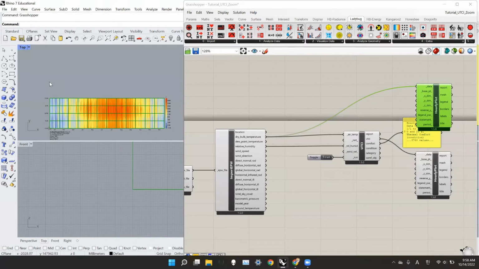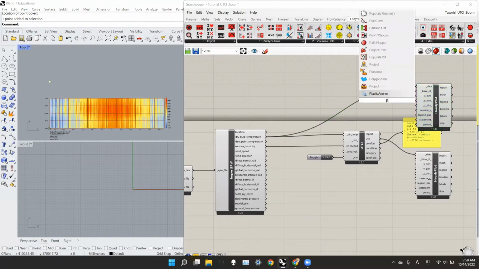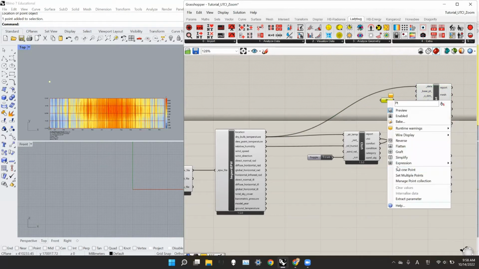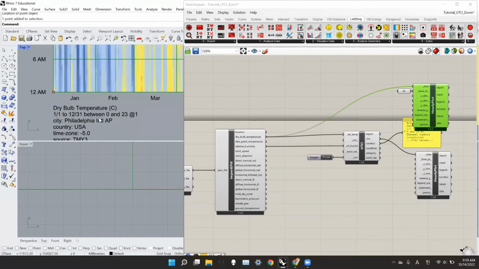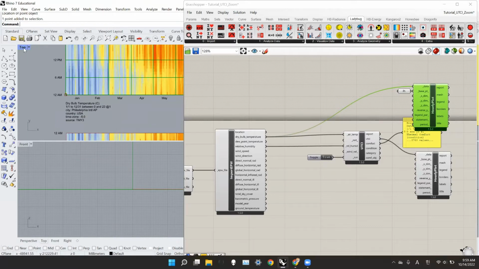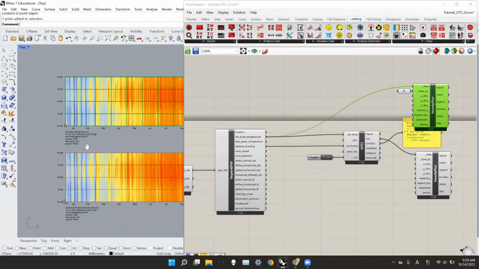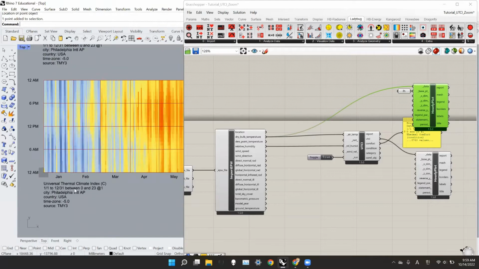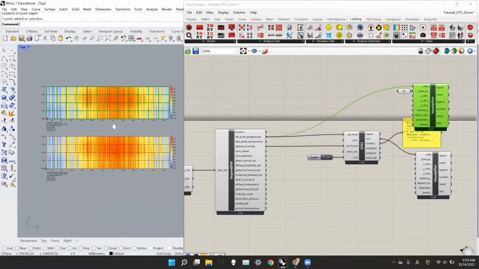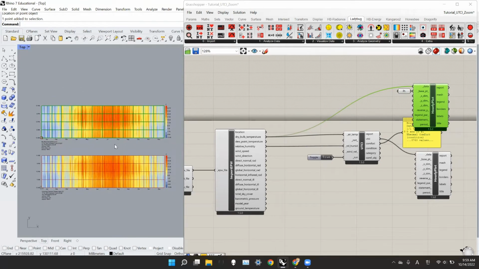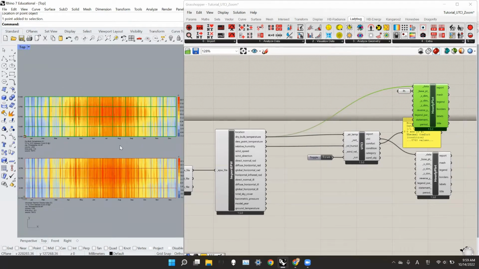I will make a point here, apply it here and use it as the base point. So this is the dry bulb temperature as shown here, and at the bottom is UTCI. That's how you tell which one is which. If you look at the data, they look very similar.